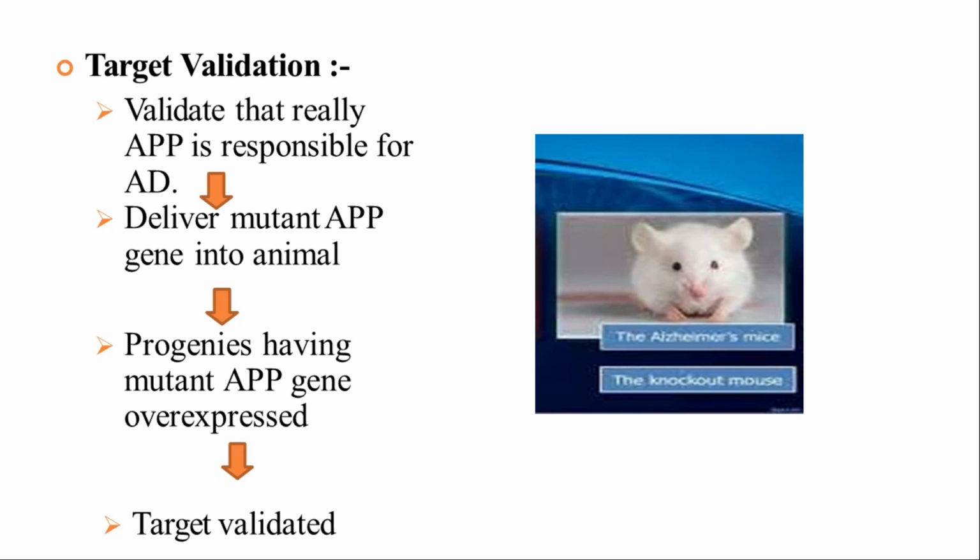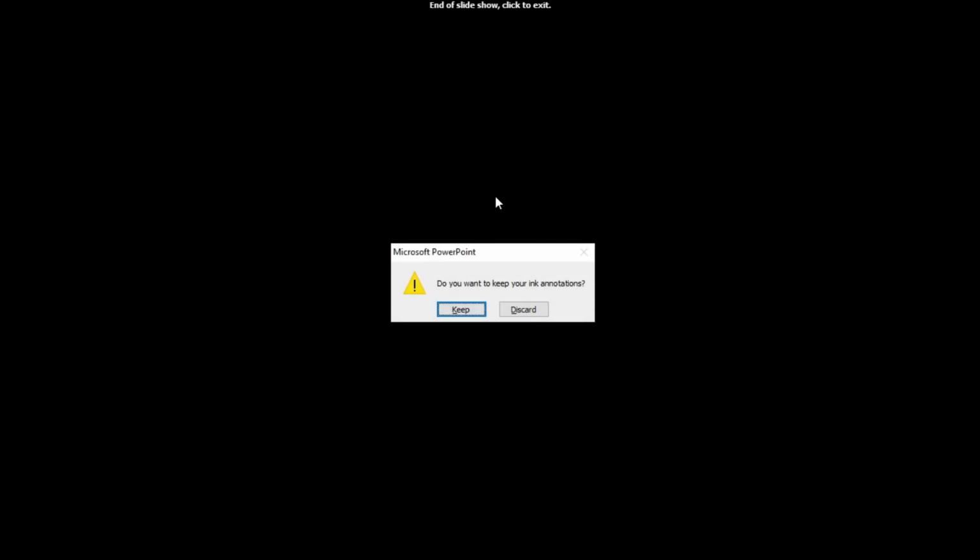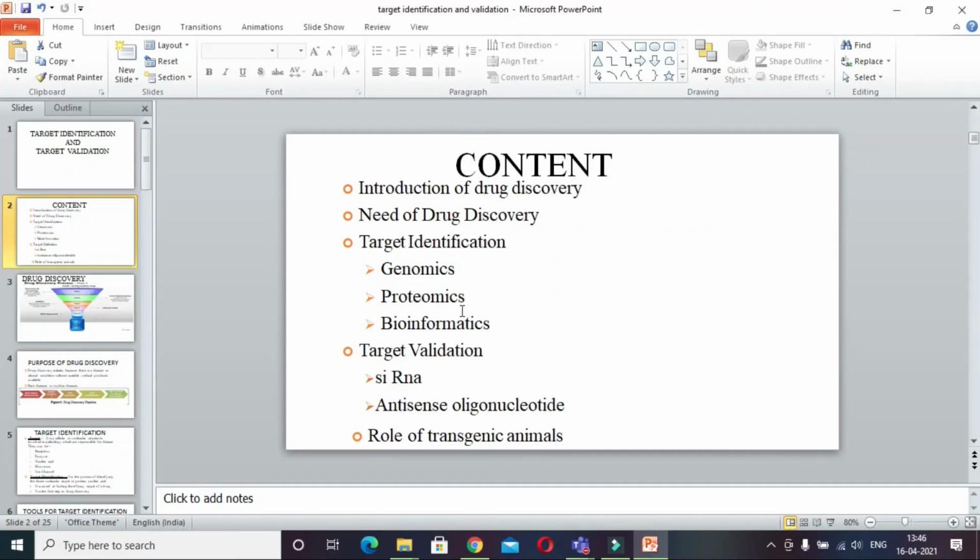This is the APP gene which is introduced from outside, and it is introduced into the animal. Progeny having mutant APP gene show overexpression. Here overexpression is noted and the target is validated. How much is the overexpression, and on the basis of that overexpression the target is validated. So these are the methods that we use for the target validation.